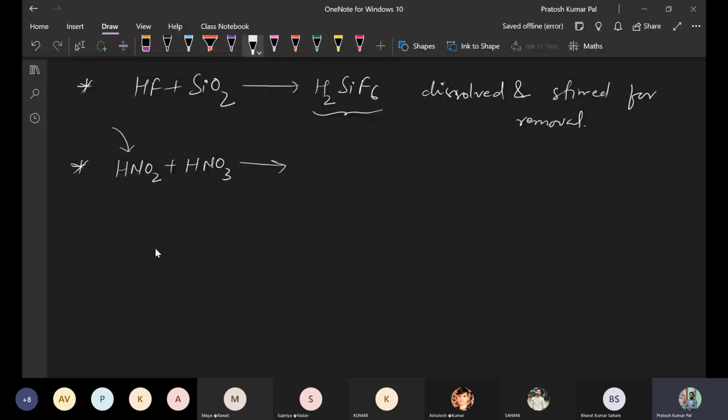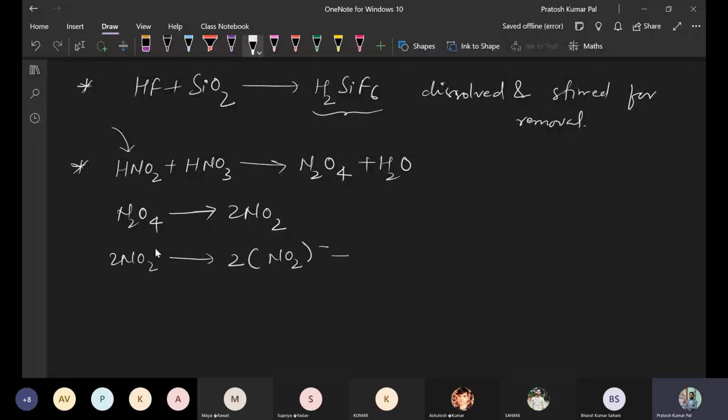This N2O4 will break to form 2NO2, and this 2NO2 will react to form NO2 minus plus 2H plus.